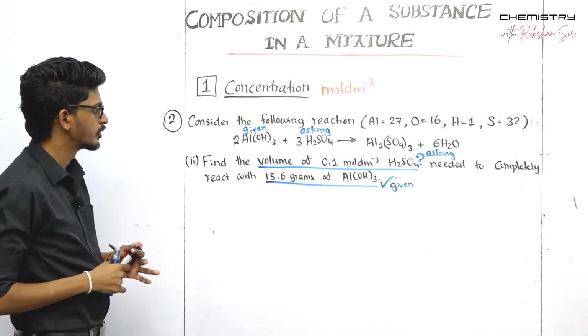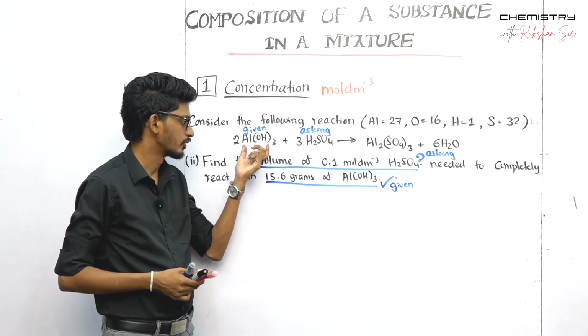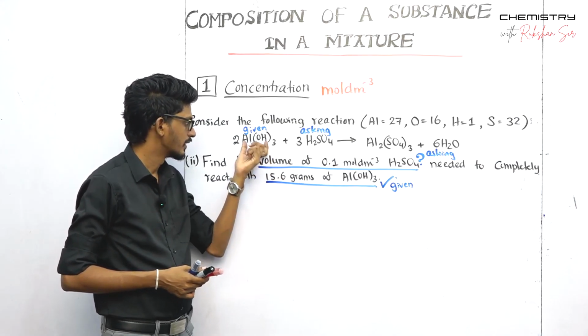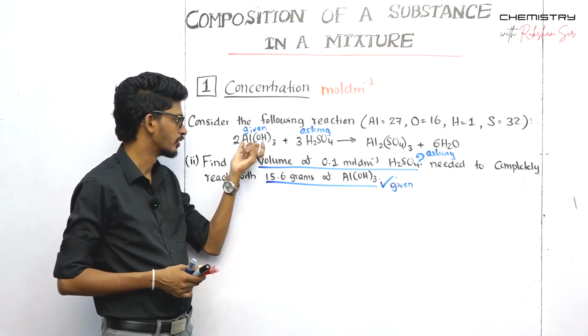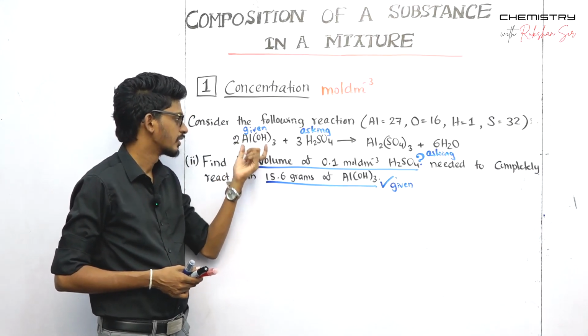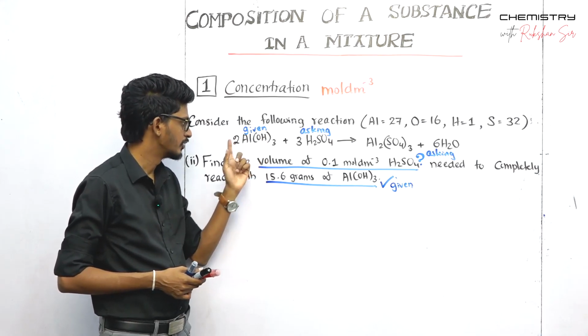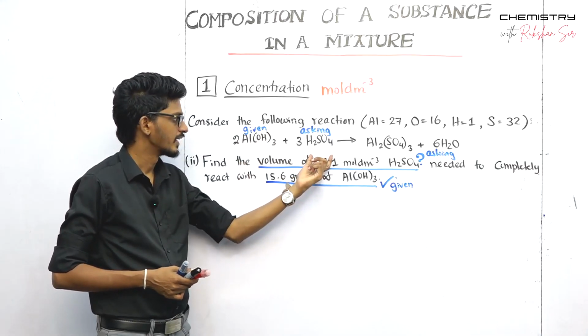First of all, we need to come up with moles of the given species, right? So the grams of aluminum hydroxide, first we need to convert into the moles of aluminum hydroxide. That can be done with the use of the g mole minus 1 value of aluminum hydroxide. After coming up with the moles of aluminum hydroxide, we can use this 2 to 3 mole ratio to come up with the moles of H2SO4.